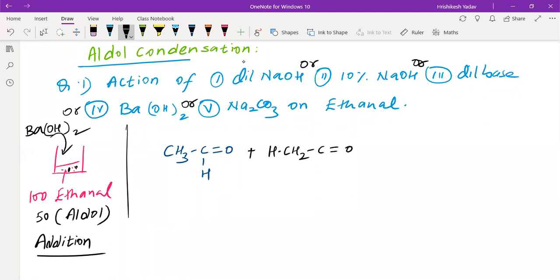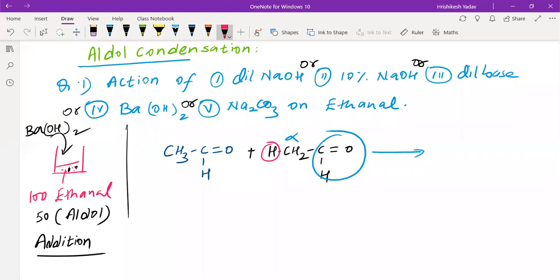Why that H outside there? That is actually the functional group, this alpha carbon. So the hydrogen which is attached here is alpha hydrogen.